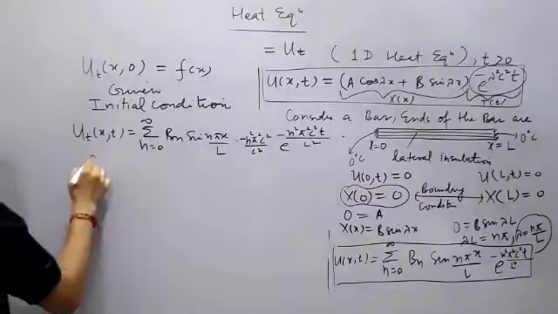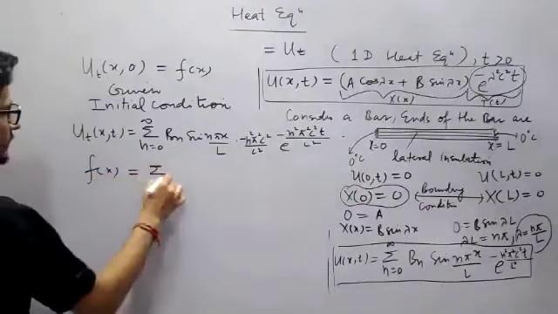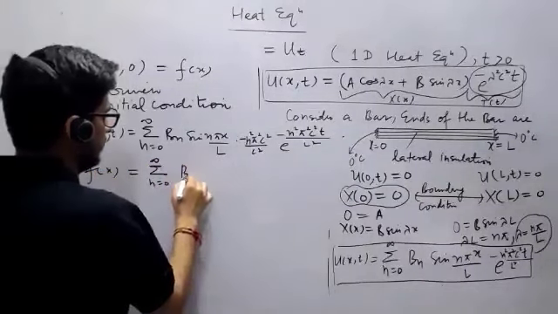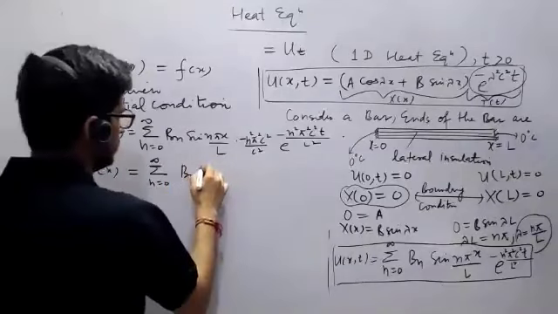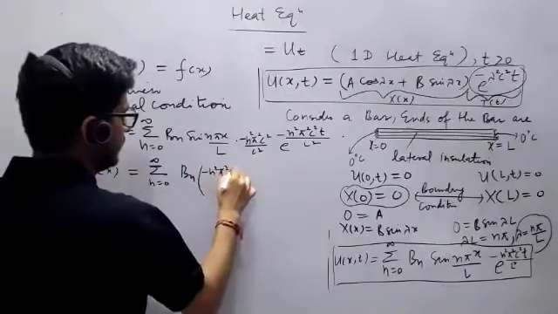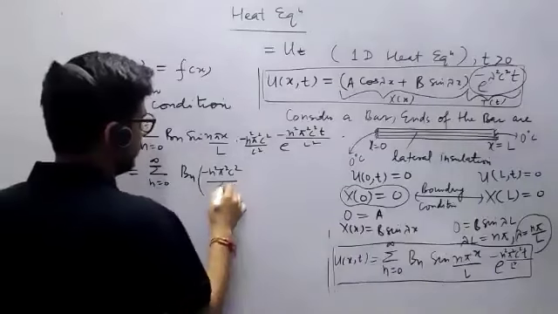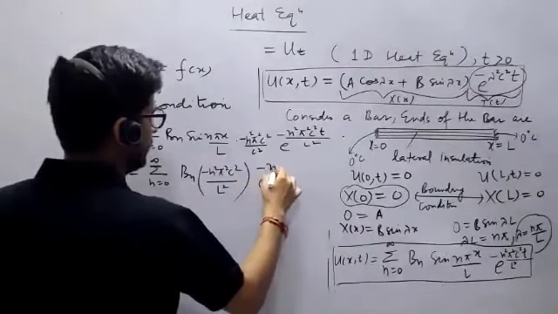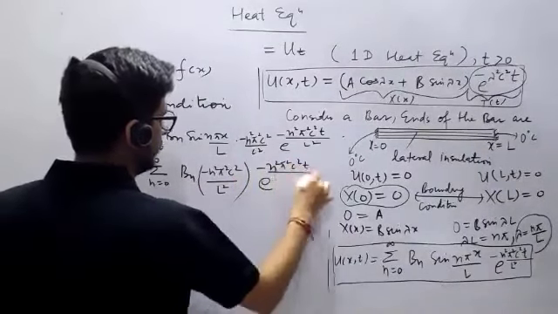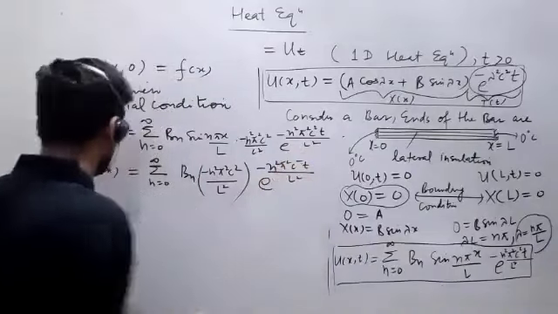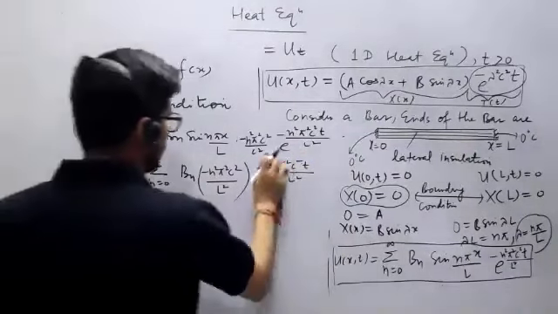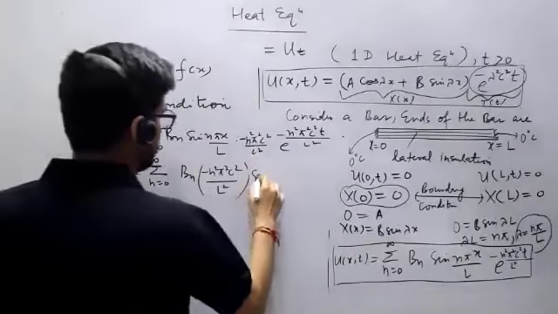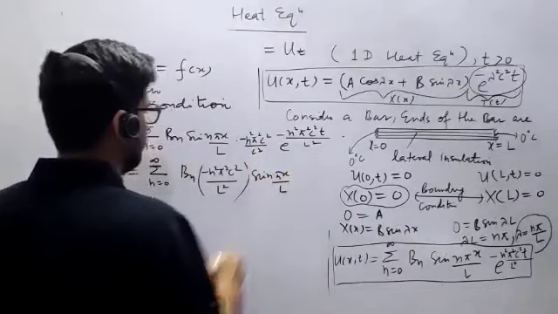Now write this as f(x) will be given by summation n equal to 0 to infinity bn into minus n square pi square c square by L square into e to the power minus n square pi square c square t by L square. Correct? And this term will become 1, and sine of n pi x by L will be there.